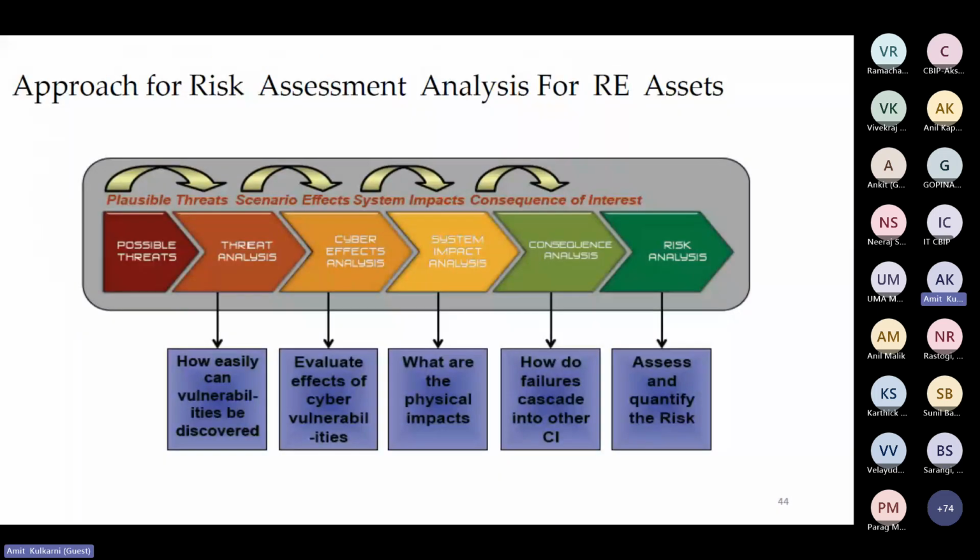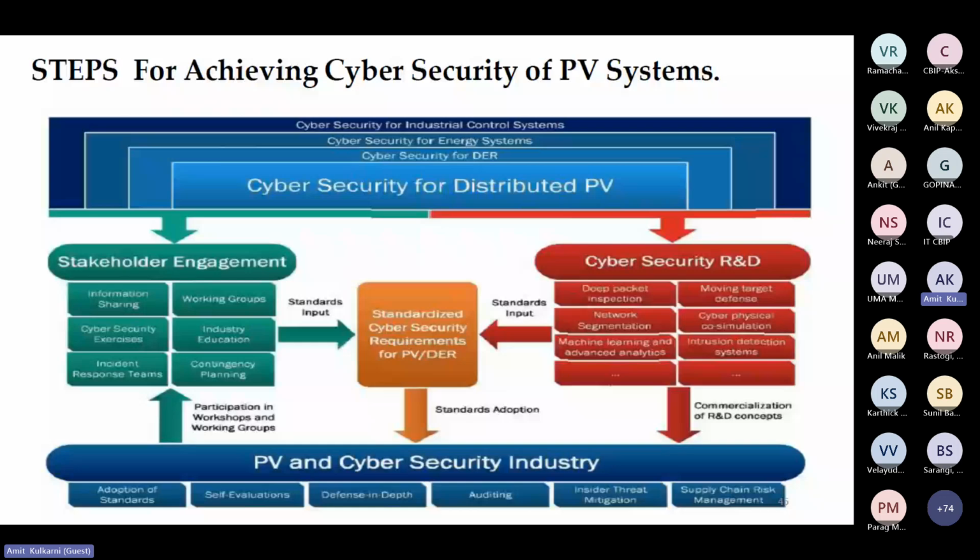In general, how easily vulnerabilities can be discovered should be the focus. Once that is done, evaluate the effects of cyber vulnerabilities, what the physical impacts are, how to avoid failures and cascading, and assess and quantify risk. Various entities need to be involved, so stakeholder engagement is important.